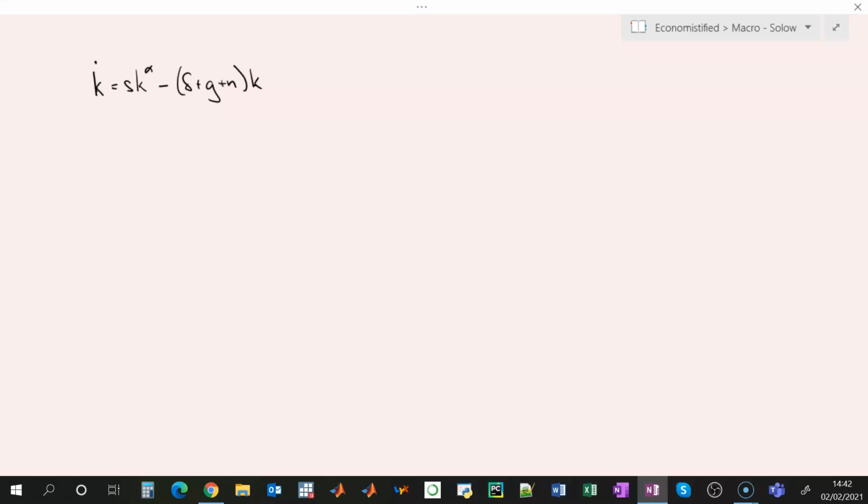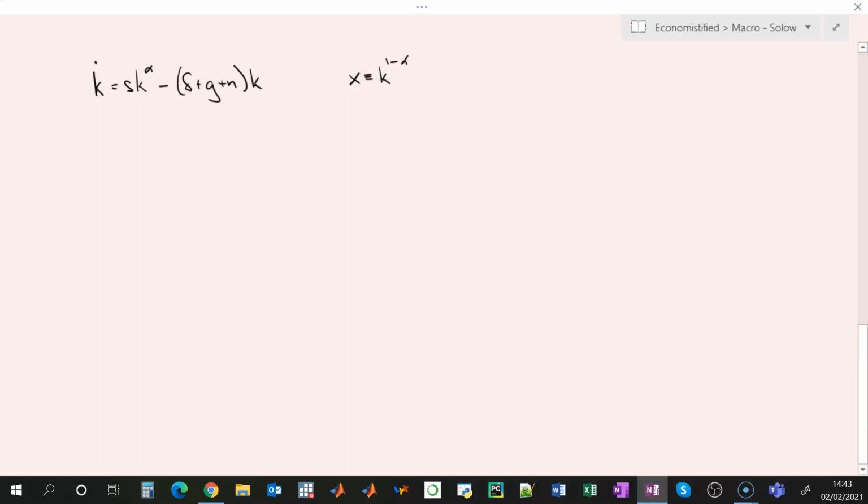So we can derive a function K of t, of time, and find out what the level of capital stock is in an economy at any point in time. And in general, for Bernoulli equations, in order to do that, you use a change of variable. I'm going to call a variable x. I'm going to define it as k to the power of 1 minus this power over here, which is alpha.